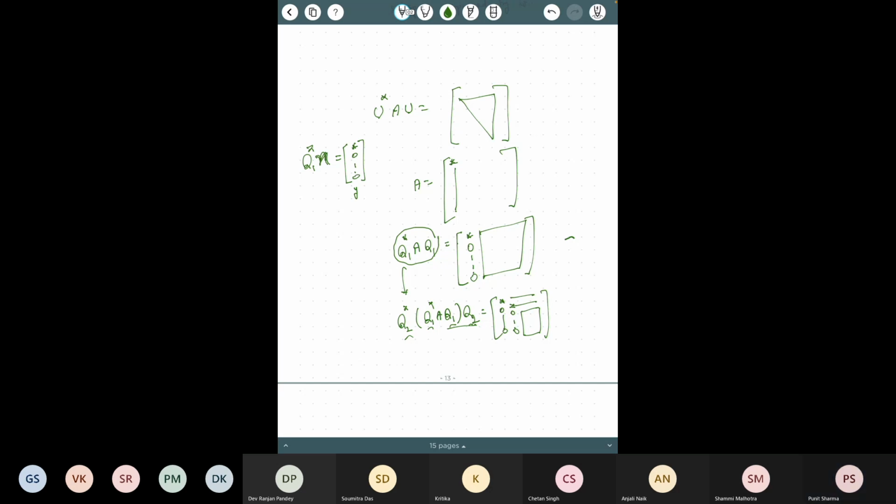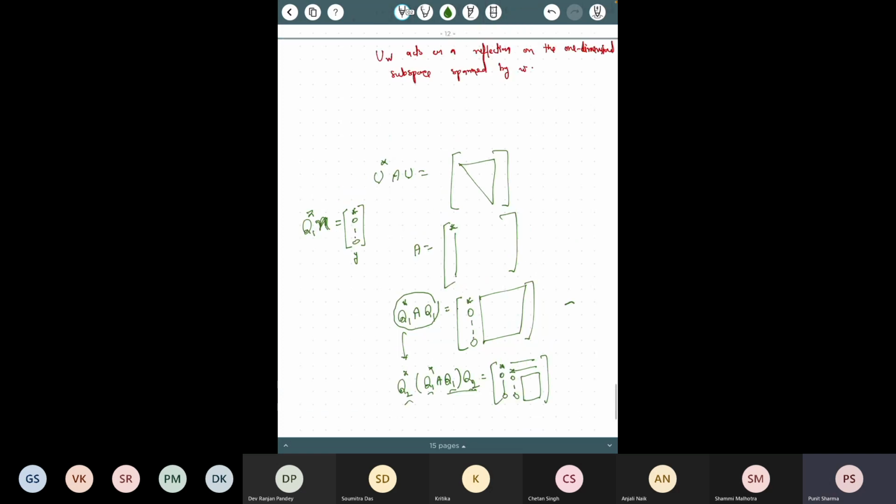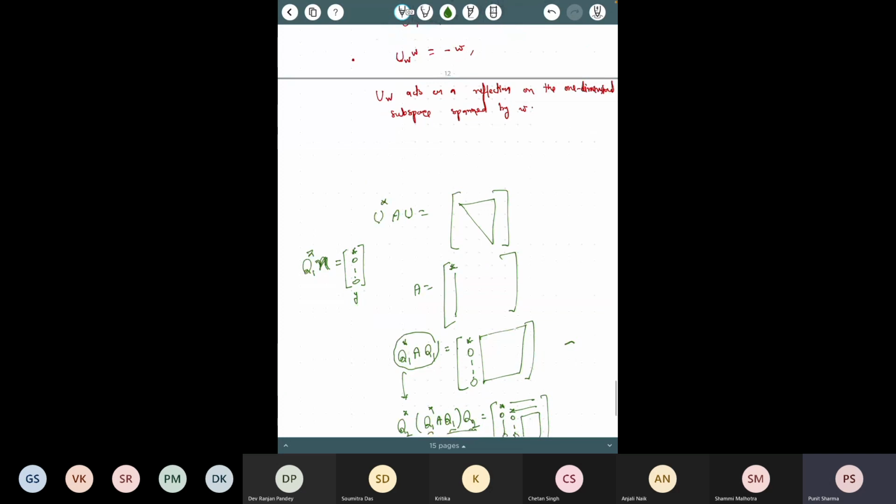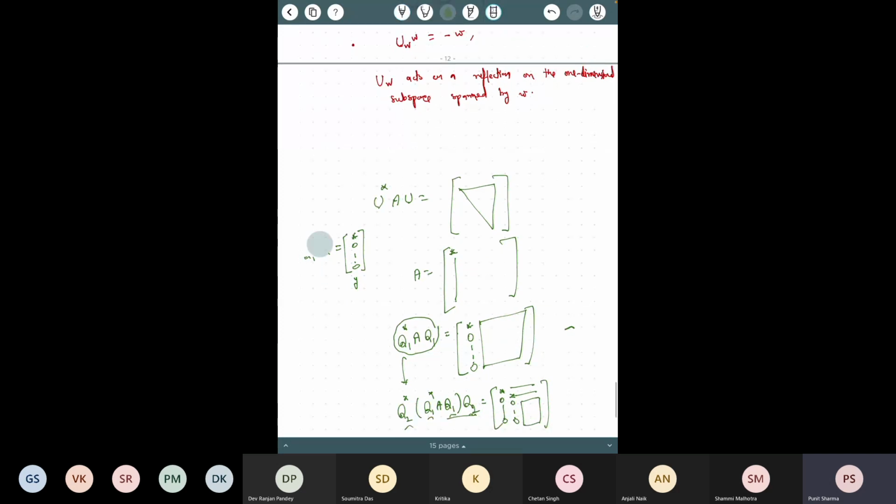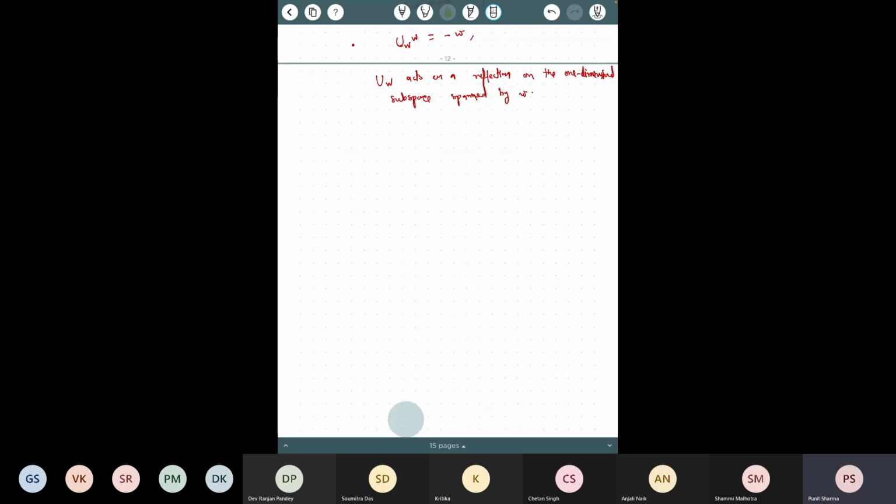Whatever matrices I have defined here, the Householder rotators and reflectors, can be used to achieve this. For example, let me show you how you can do that. Let us see the rotators first.